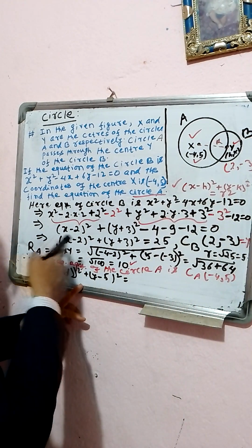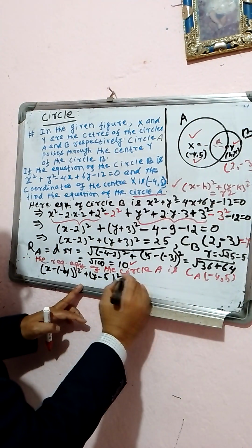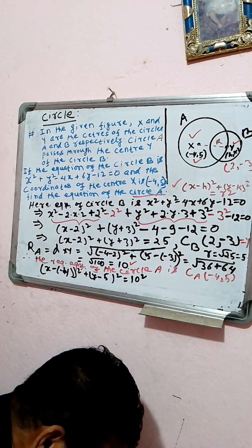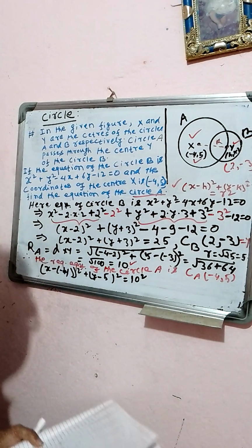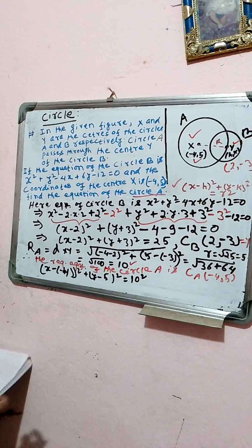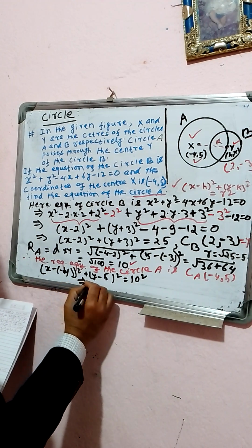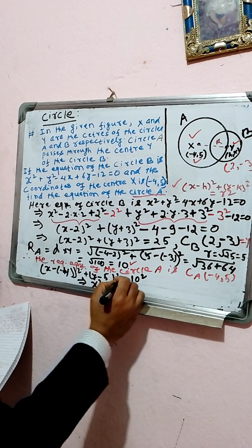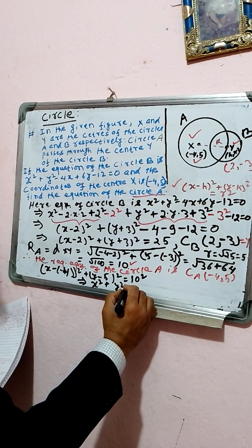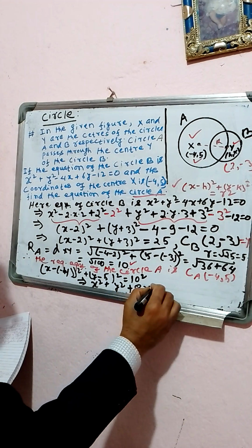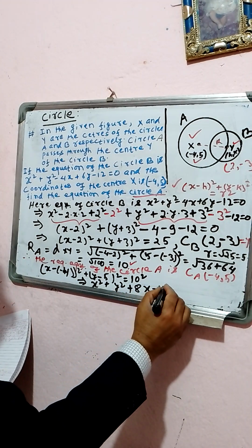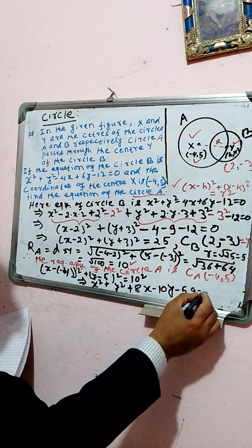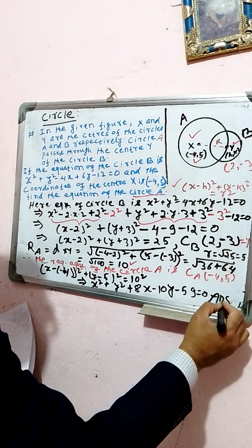R for the bigger circle is 10, so you can write here 10 square. Once you solve it, it will be x square plus y square plus 8x minus 10y minus 59 equals 0, and this is the answer.